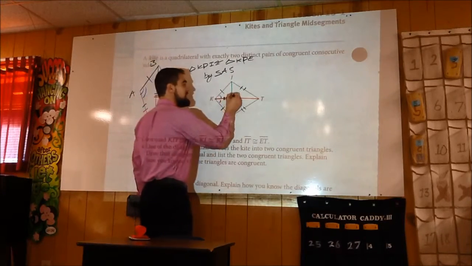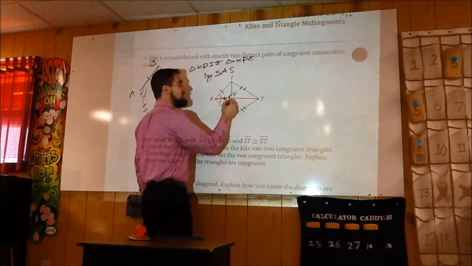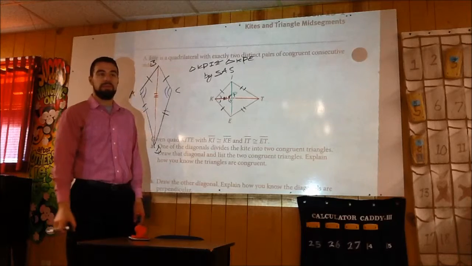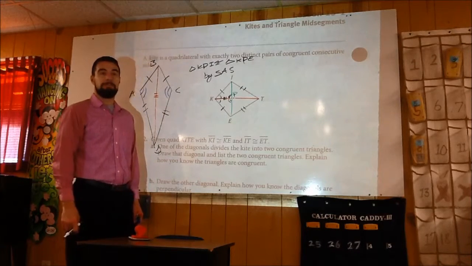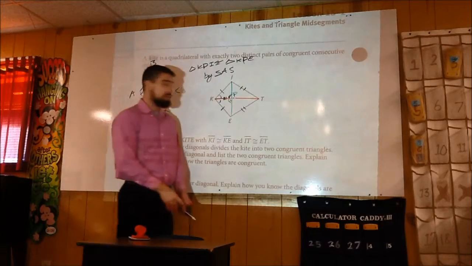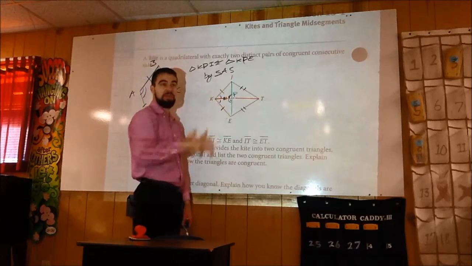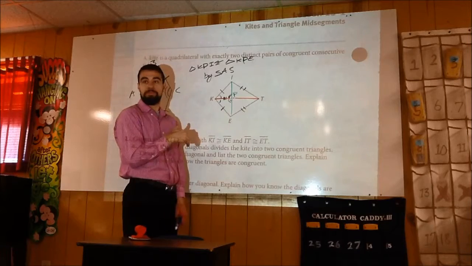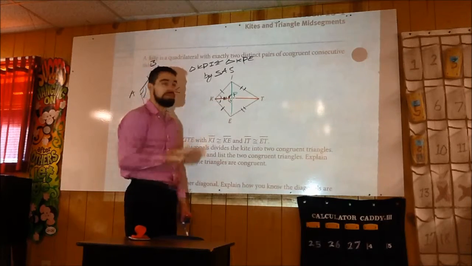That means this angle here, angle KPI, and angle KPE, those have to be congruent because of CPCTC. From there, you have 2 congruent angles that form a linear pair. It's those 9 steps that was today's warm-up. From there, you can prove that those 2 objects are perpendicular.